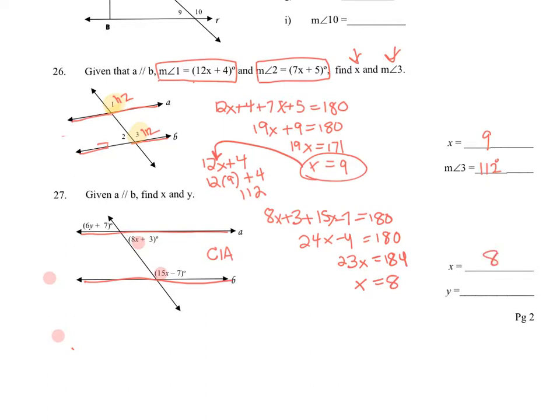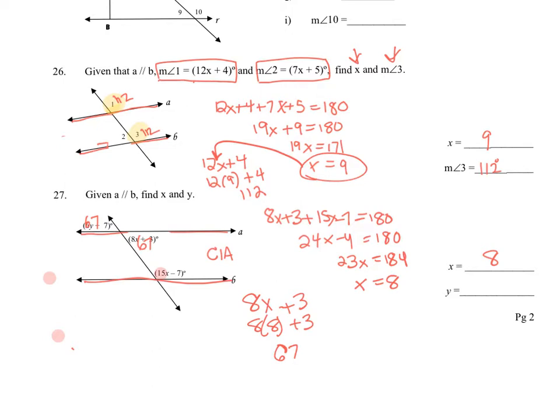If x is equal to 8, and I know that this measurement up here is 8x plus 3, I now know that this is 67. And if I know that this is 67, then this angle over here is a vertical angle, and that would also have to be 67.